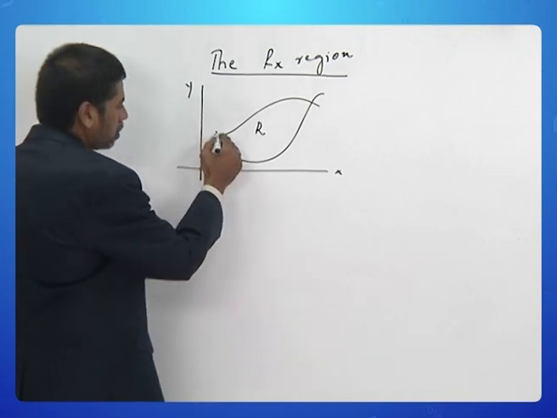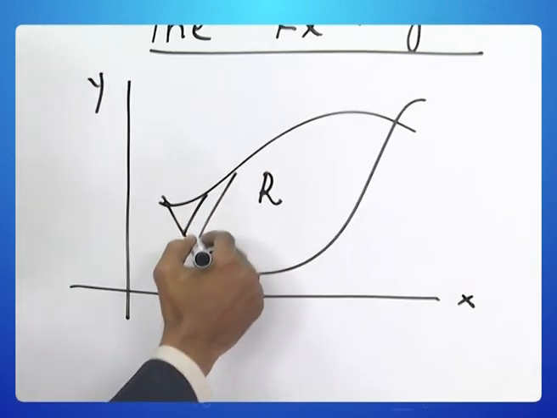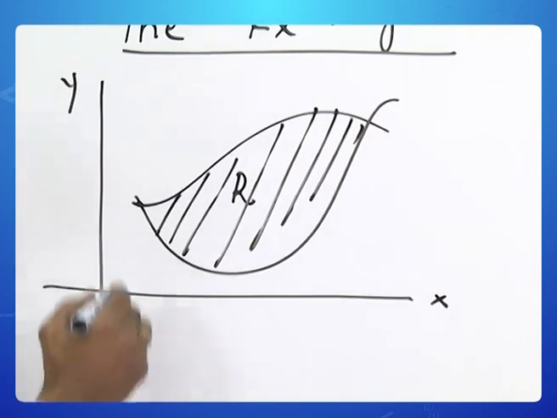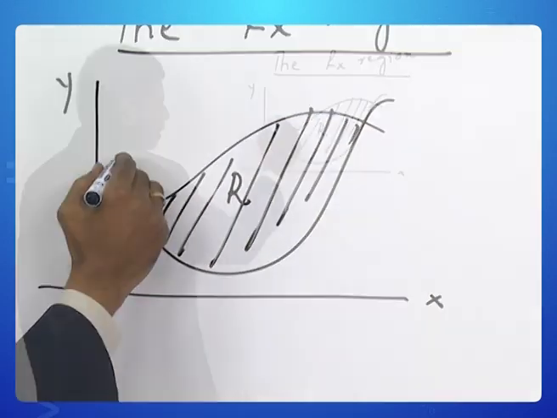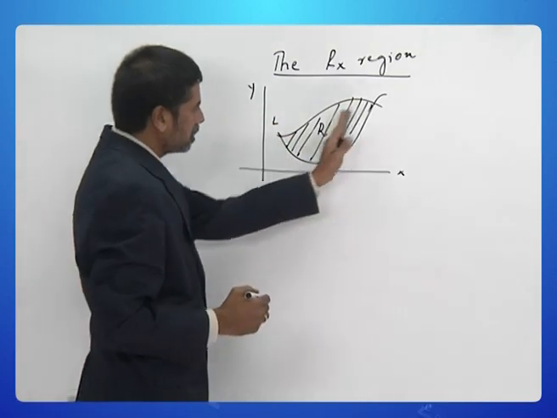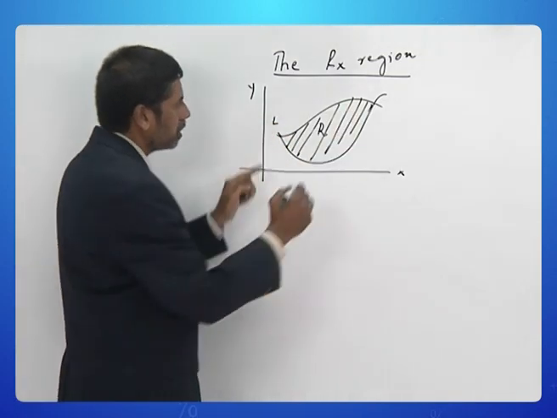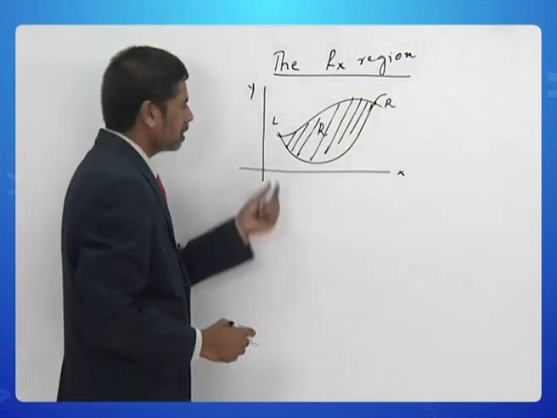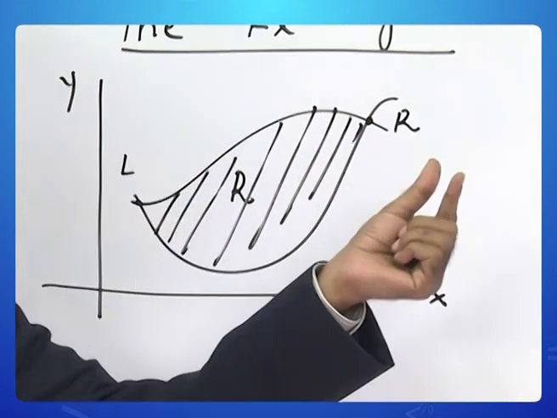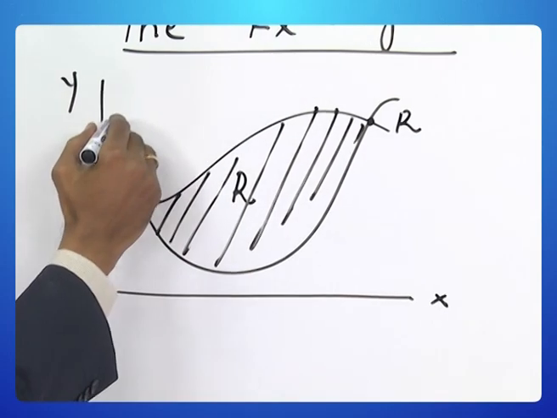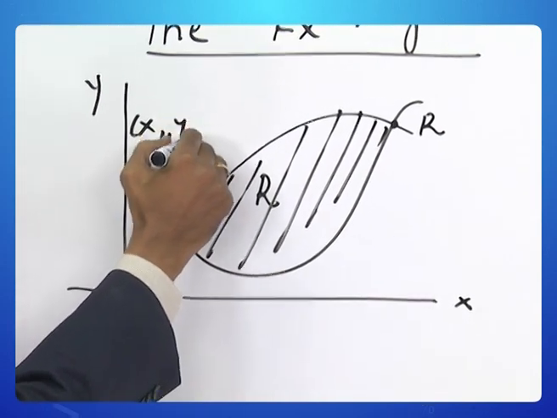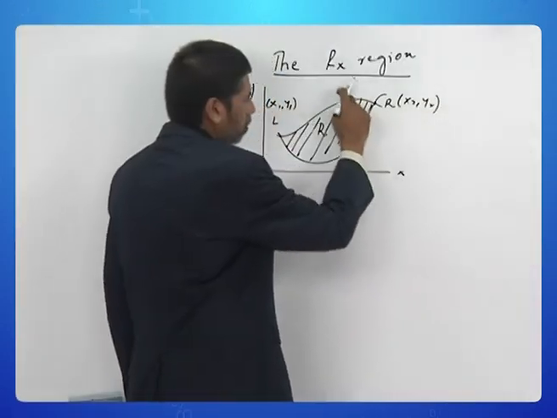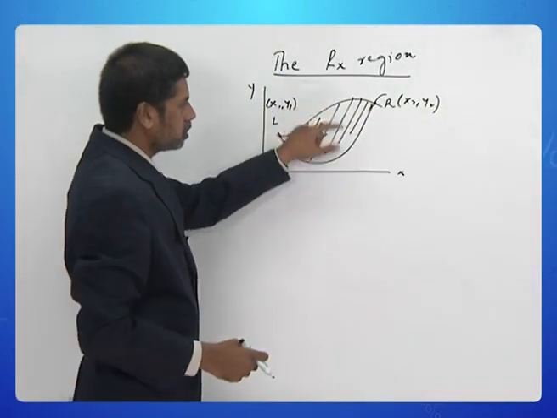Now, suppose for this region, this is the leftmost point and this is the rightmost point. I'll just give them simple names L and R. Now we will find the coordinates of these points x1, y1, x2, y2 by solving the equations of these two curves.